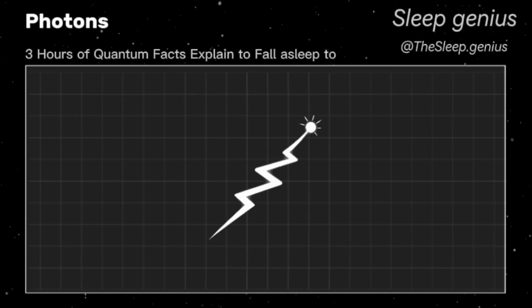Their existence challenges assumptions about continuity and locality, provoking questions about what it means to observe, to measure, and to know. In practical terms, photons are indispensable to modern life. They carry information through fiber optic cables, enabling instantaneous global communication. They power solar cells, converting sunlight into electricity with elegant efficiency.